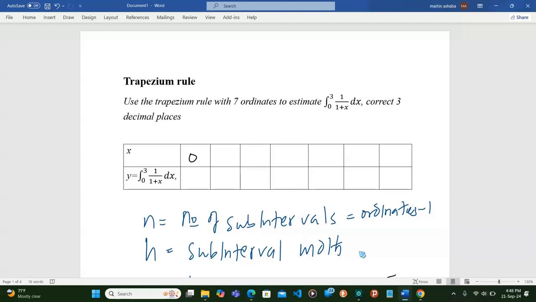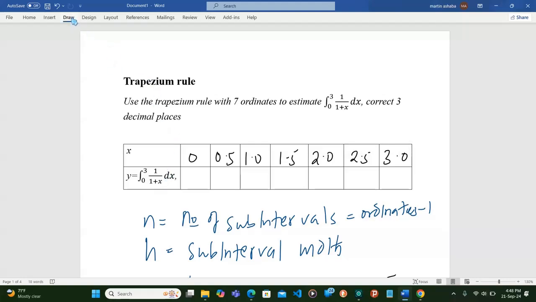Then the sub-interval width is 0.5, as we calculated earlier, so we go to 0.5, then keep adding 0.5 until we reach 3. So here we add 1.0, 1.5, 2.0, 2.5, and 3.0. There we shall have finished. And then we start substituting in this.